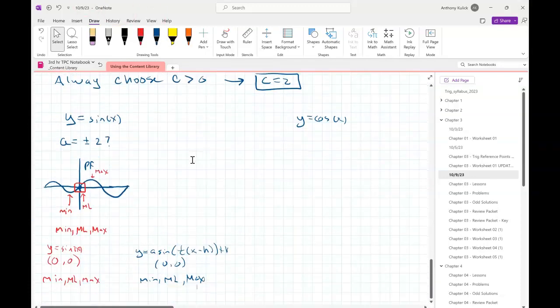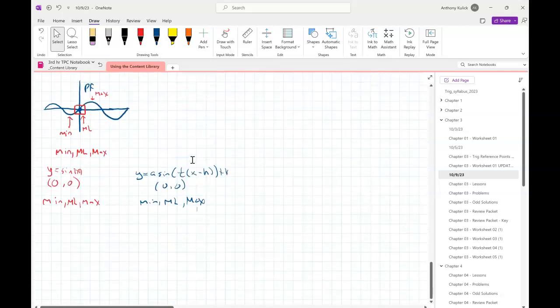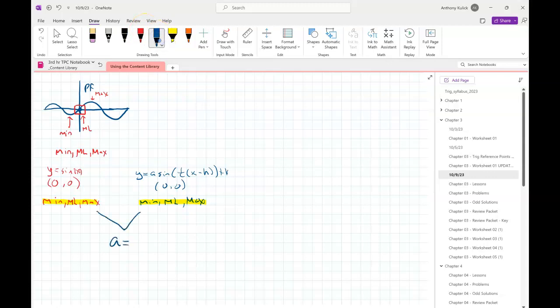Yeah. Because these two parts are the same, that tells me that A is positive. So far, so good.